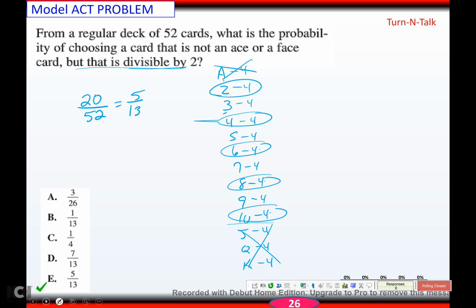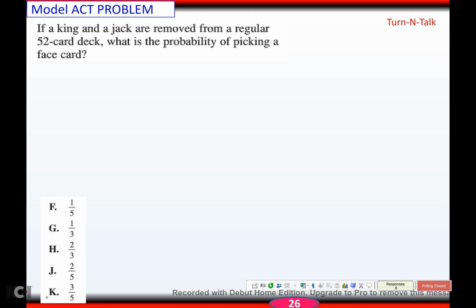Did I give you a chance to work that one? Alright, try this one, hit pause, come back when you're ready. And hopefully you got 1/5. It says if a king and a jack are removed from a regular deck, so we're just talking about face cards. So there was 4 jacks, 4 queens, 4 kings.